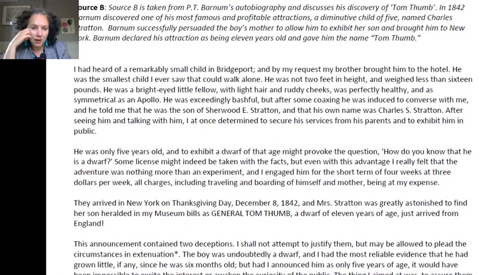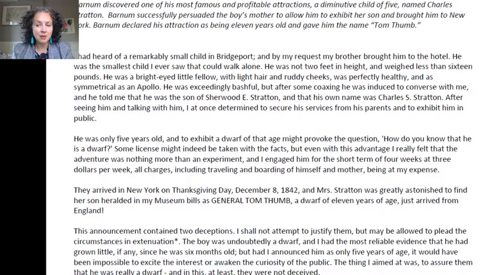He was only 5 years old, and to exhibit a dwarf of that age might provoke the question, how do you know that he is a dwarf? Some licence might indeed be taken with the facts, but even with this advantage, I really felt that the adventure was nothing more than an experiment, and I engaged him for the short term of 4 weeks at $3 per week, all charges, including travel and boarding of himself and mother, being at my expense."